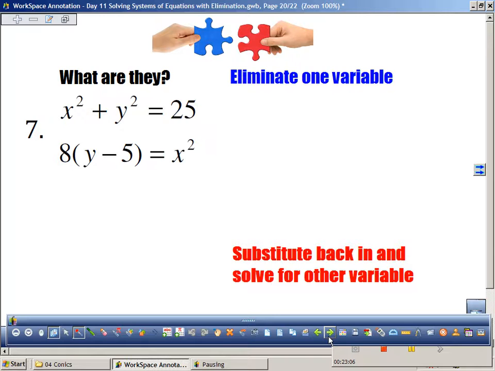Does anybody think they can figure out what they could eliminate? Yeah. It's just more complicated. Amanda? I want you to struggle with it a little bit first.